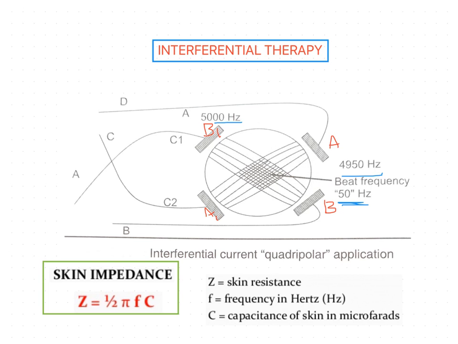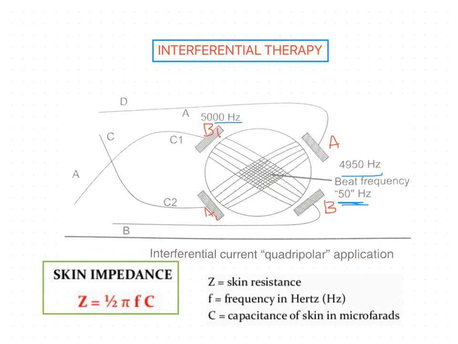For example, the first circuit has 5000 and the next circuit has 4950. Once these two medium frequency currents cross, we get a beat frequency of 50 hertz.